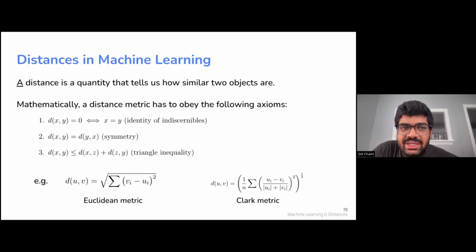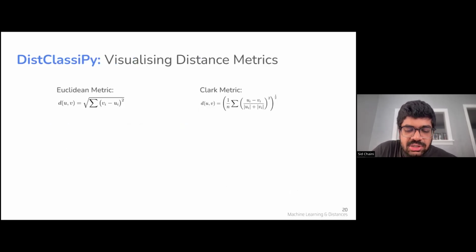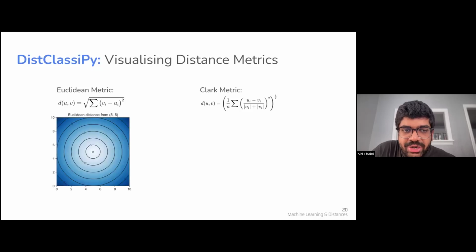And so we can also try and visualize these distance metric spaces by looking at the loci of a central point, say (5, 5). We know that in the Euclidean space, the loci are just concentric circles, and the distance increases as you go away radially from the central point.